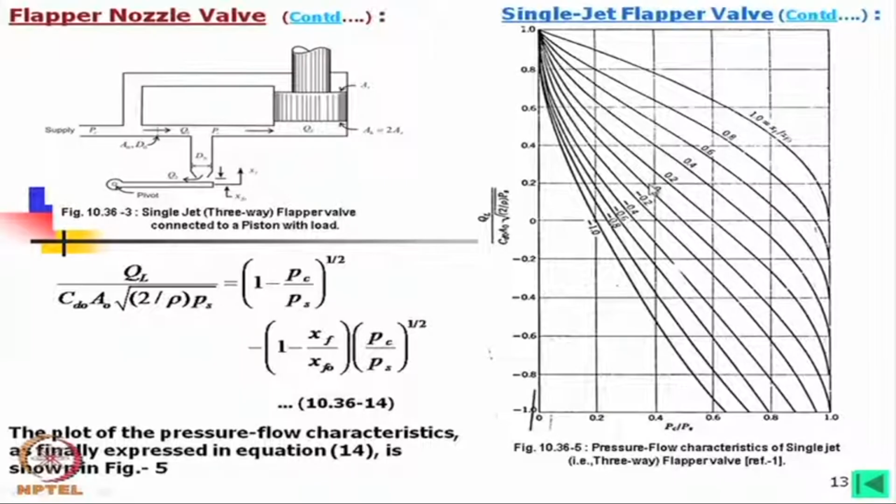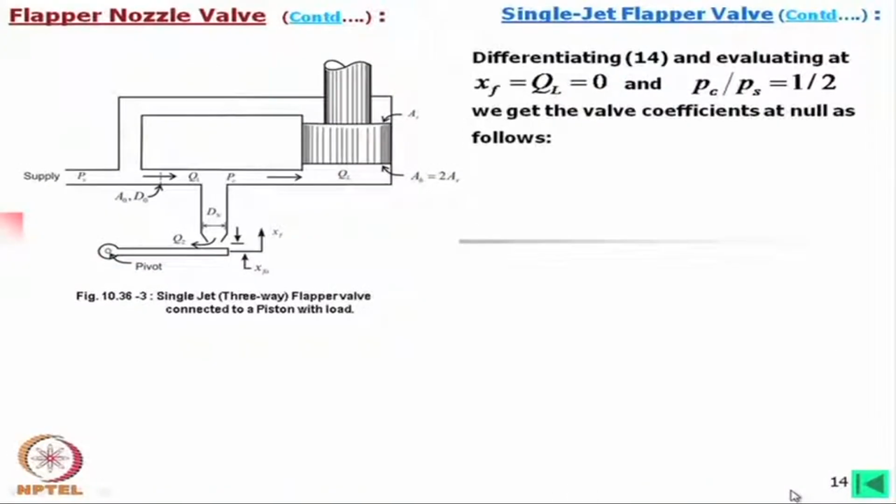So, this is basically the null position. No, sorry, this is coming over here, this is the null position, whereas for the movement of x f in both directions, we get a different curve. Okay. So, from there we can find out the valve coefficients.